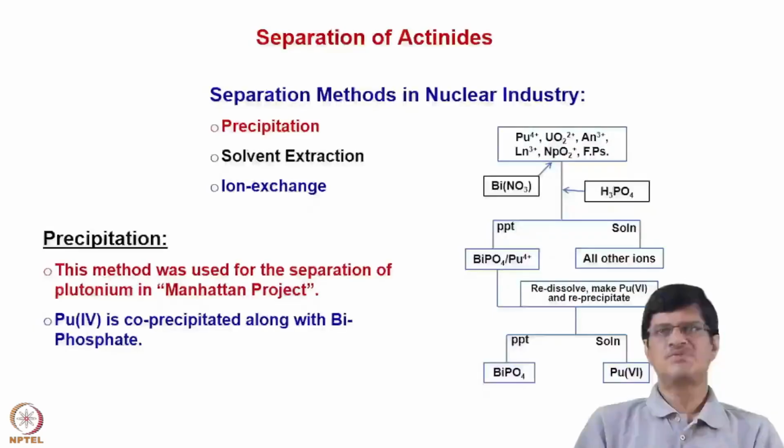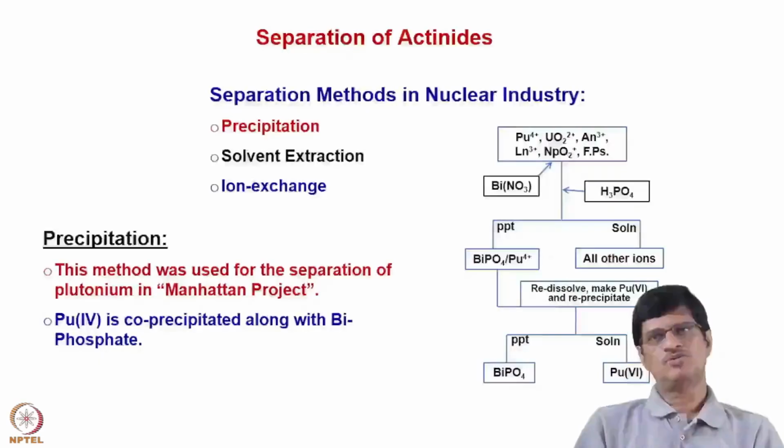You see a mixture of plutonium 4+, UO2 2+, the trivalent actinides, trivalent lanthanides, the neptunyl 5+, and the fission products, to which bismuth nitrate is added along with H3PO4. You get the precipitation of bismuth phosphate.